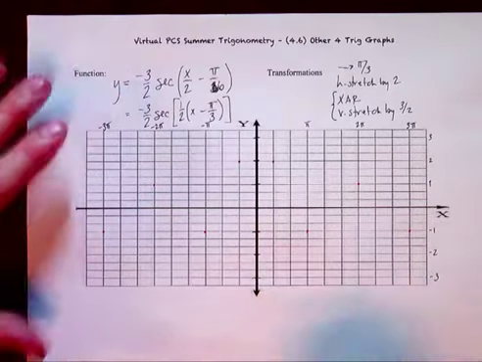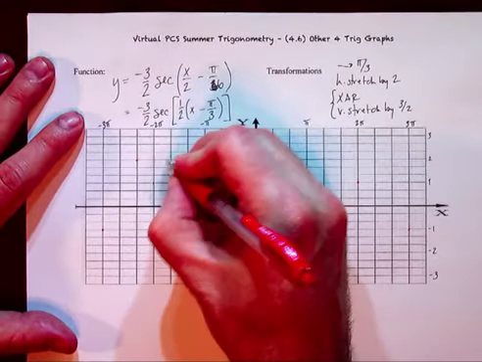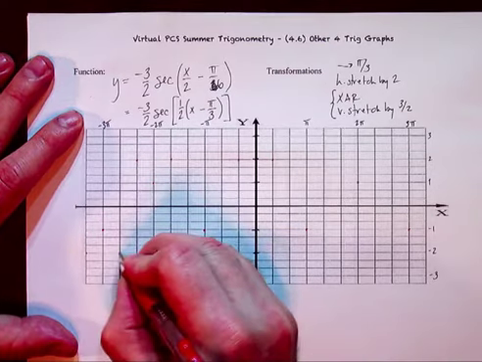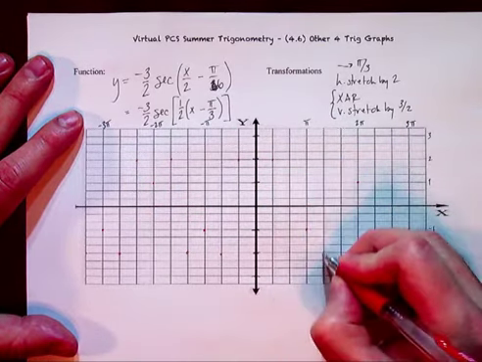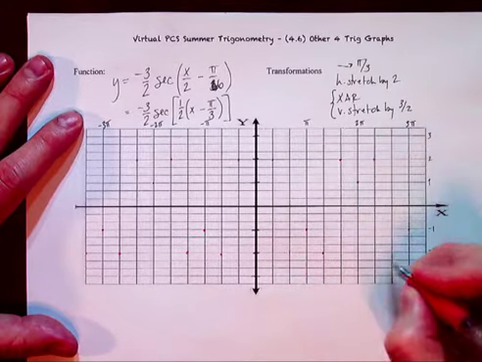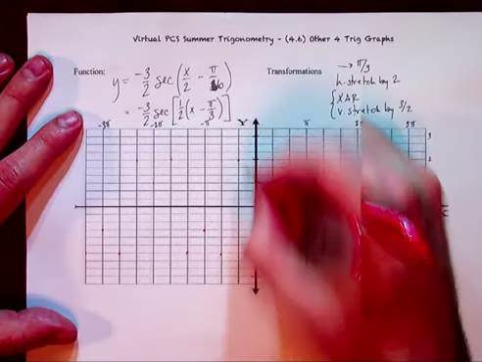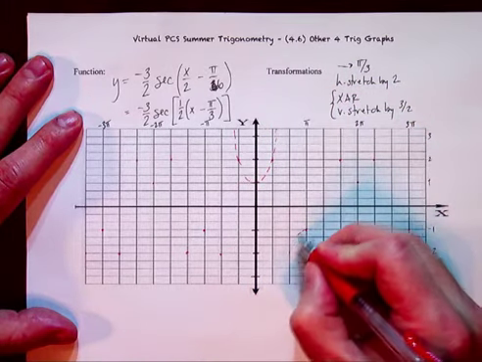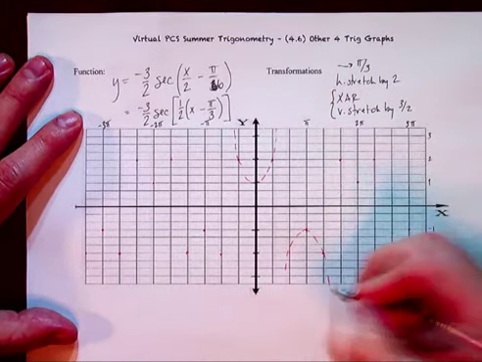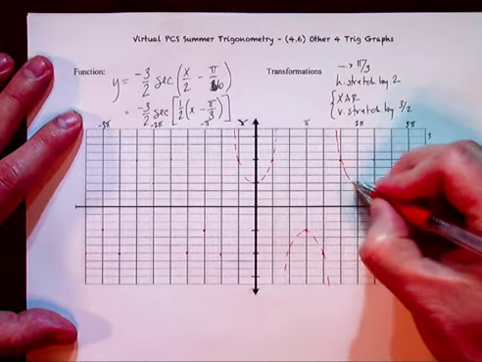Trying to draw a graph and talk at the same time, always problematic. Okay. And even though the asymptotes aren't there, just be careful, don't draw past them.